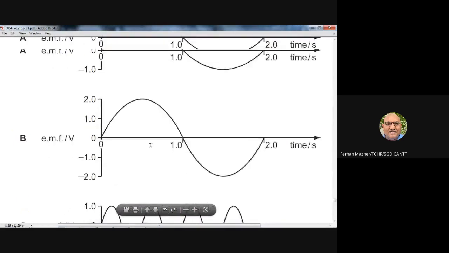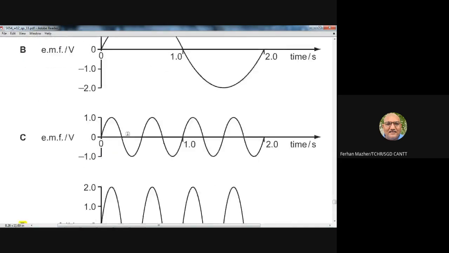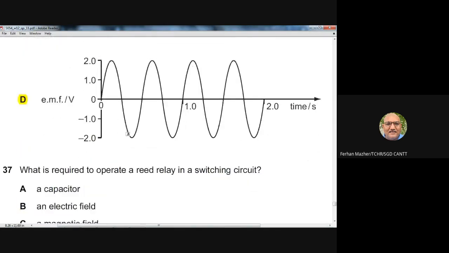This was the original one. In 1 second there was 1 wave and the amplitude was 1. So when you double the speed, the frequency will become double, the time period will become half. On the same display there will be double the number of waves shown, and the amplitude of those waves should be double. So that's why we have chosen D.